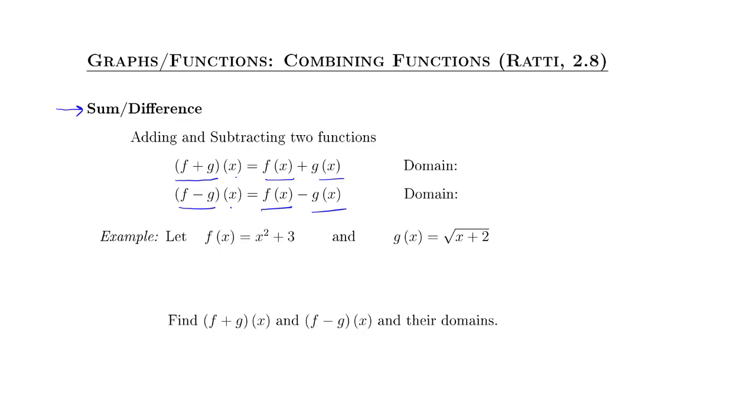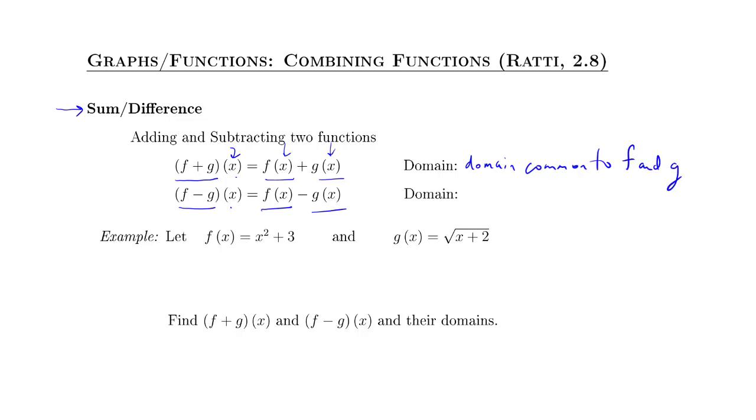So now let's talk domains. Remember, domain is about what is allowed in. So if I'm going to put some x into my sum function, it's going to have to be able to go into f, and it's going to have to be able to go into g. So the domain for this would be the domain common to f and g.